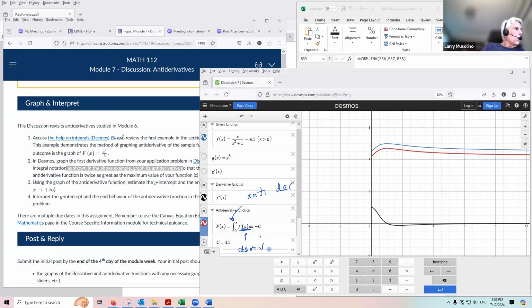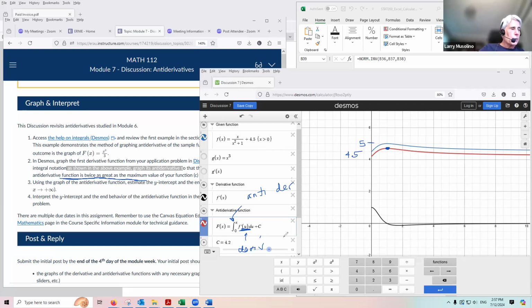All right, and one of the instructions said, make the maximum of the antiderivative twice as great as the maximum value of your function. Well, the maximum value of my function here is about, what is that, 4.5, I'm going to guess, something like that. So I want the blue curve to have a maximum of about 9.